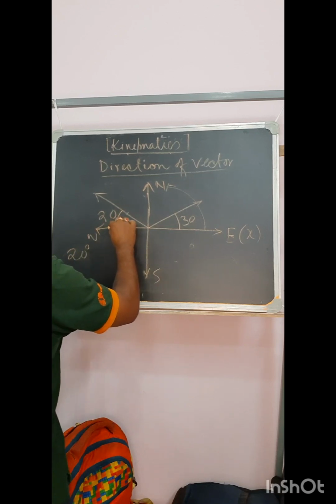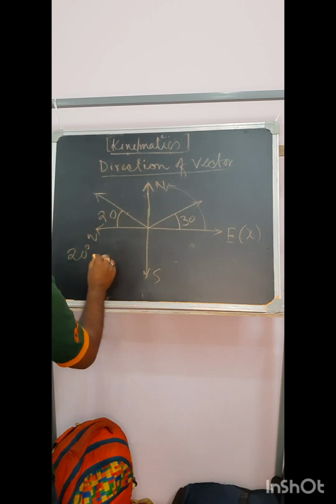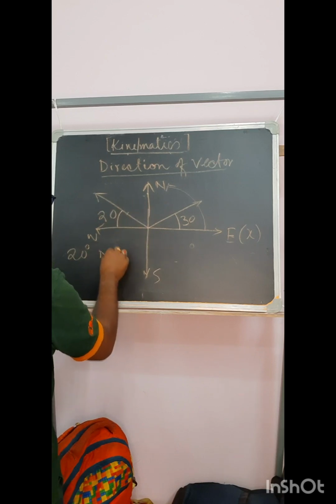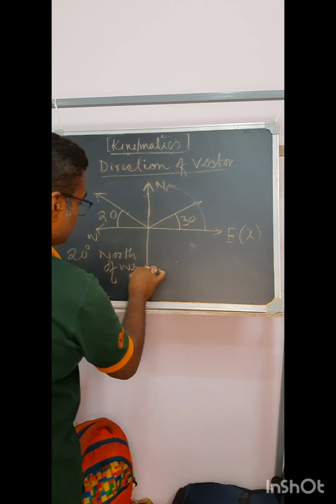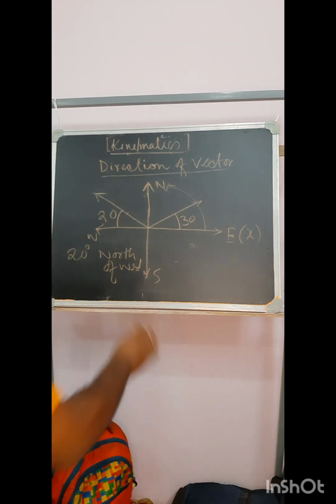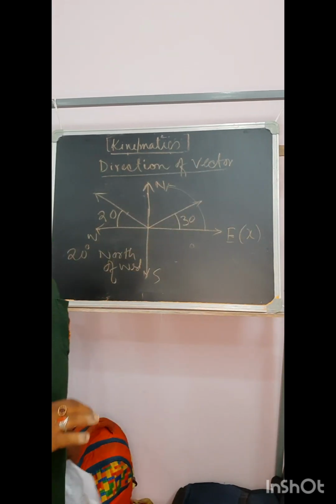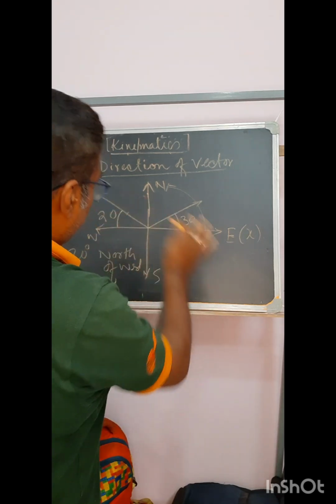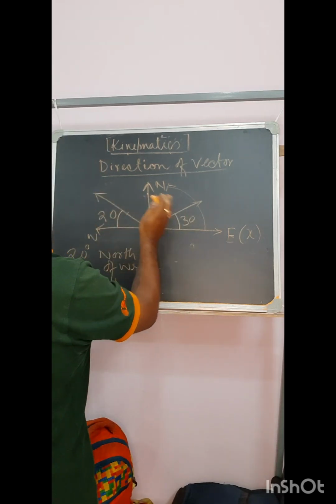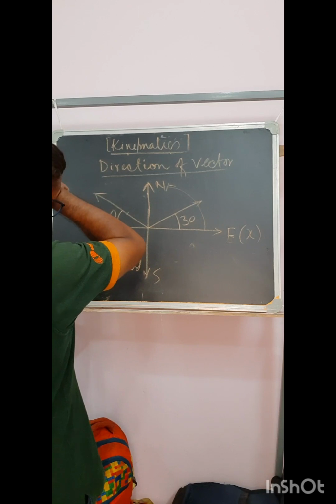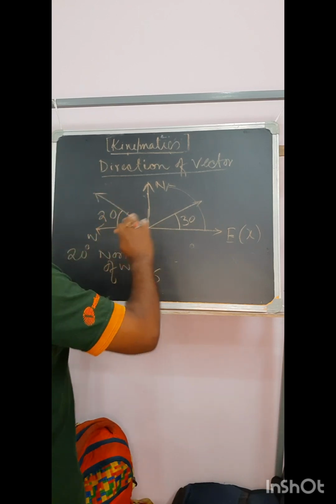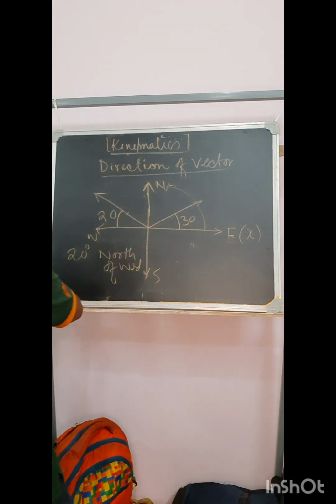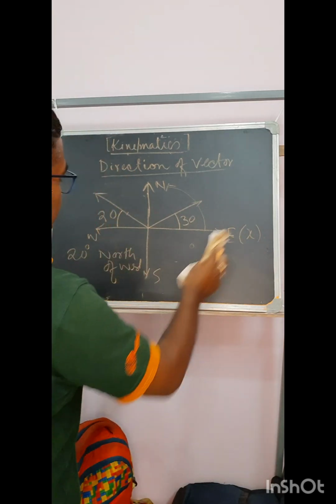Now I will assume this is moving towards north, so this means 20 degree north of west. So this will be the representation of our vector according to the side it is moving. The angle mentioned here has to be read like that. Okay, so I think you have understood this.